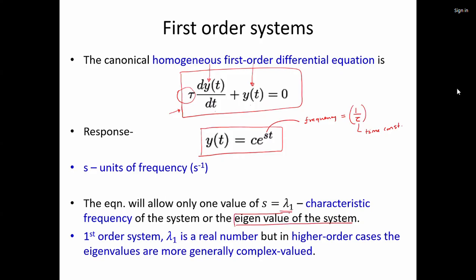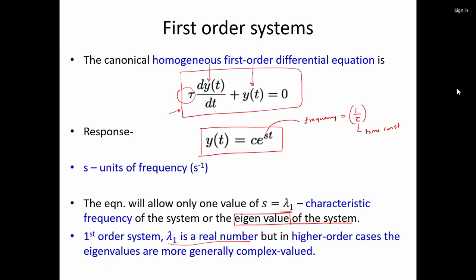Eigenvalue is a characteristic value of the system. So in a first order system, as I said, this frequency, lambda 1, is a real number. But if you go to second order, you may have the frequency in complex representation.